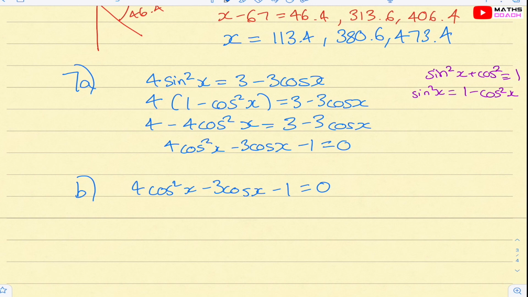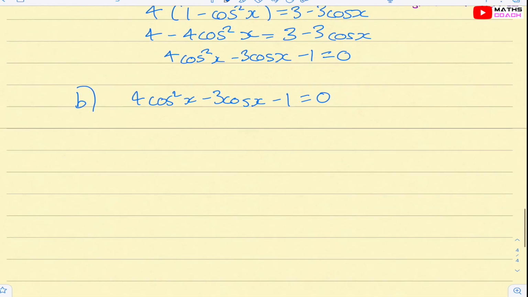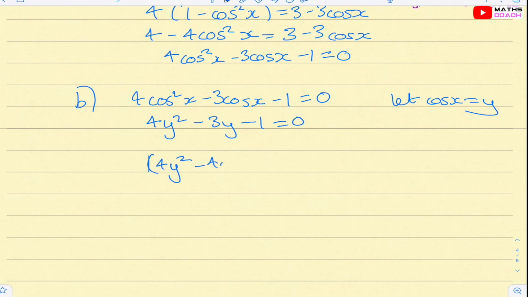So using what we've got worked out, let's do 4 cos squared x minus 3 cos x minus 1 equals 0. Now at this stage, guys, you can recognize that it's a quadratic. Personally, I prefer to change cos x just for ease of working out. So I'm just going to say let cos x equal y, and I'm going to plug that in. So 4y squared minus 3y minus 1, and I just find that much nicer to work with, much simpler.